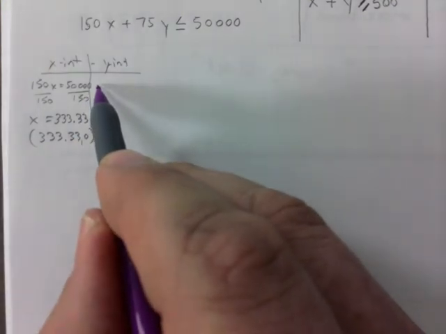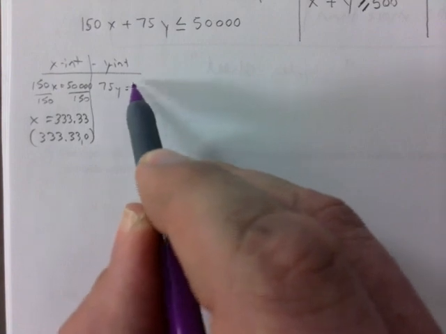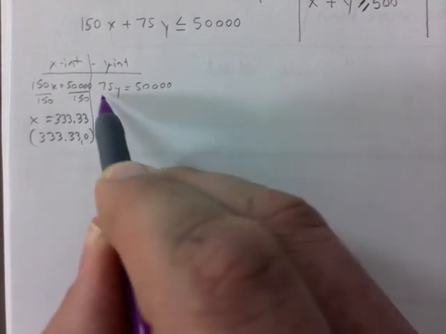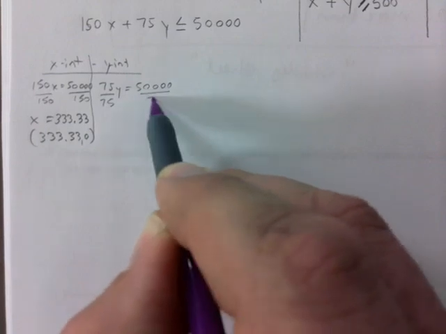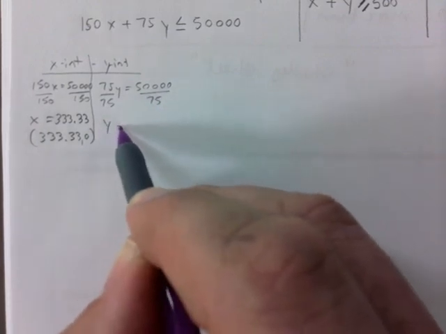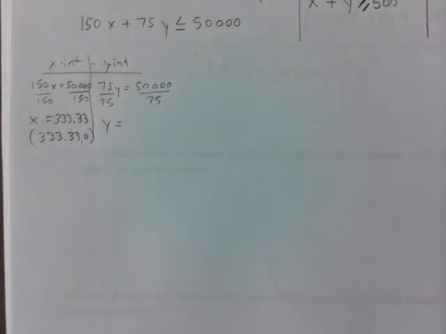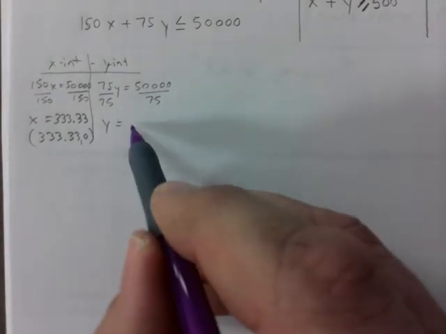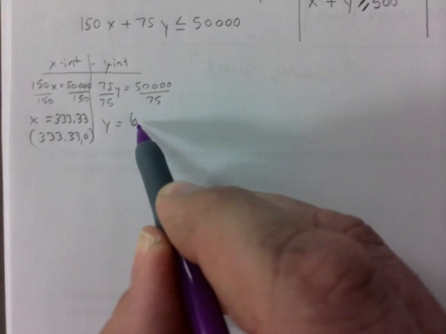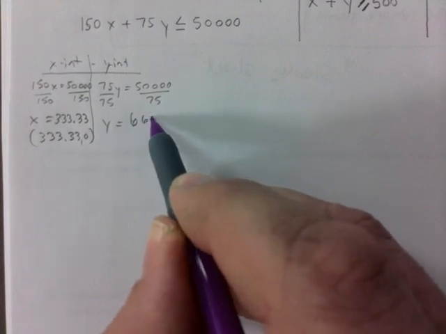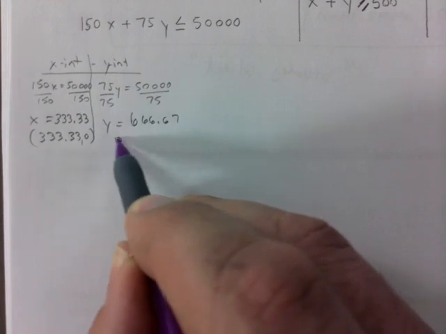Then we have 75y is equal to 50,000. That's our y-intercept, and that is 666.67. So that's (0, 666.67).